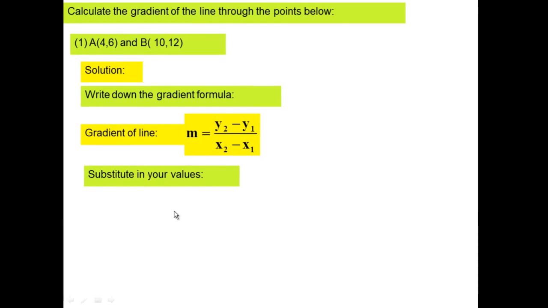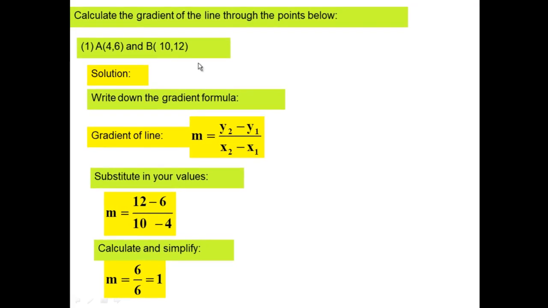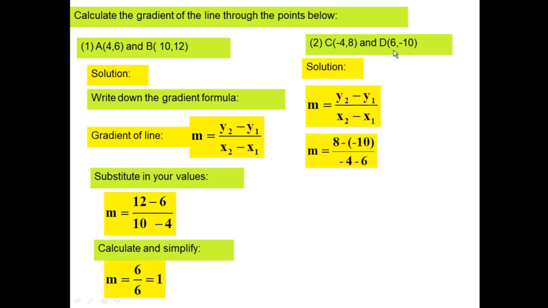The answer is 1. So for the first, the gradient is 1. Number 2, the gradient is negative 10 minus 8 divided by 6 minus negative 4.